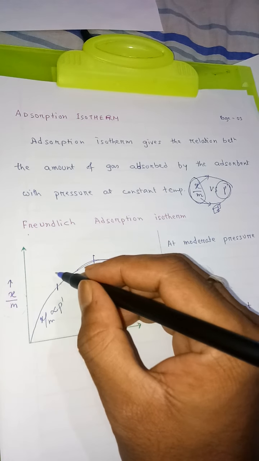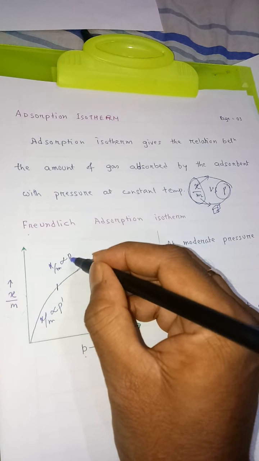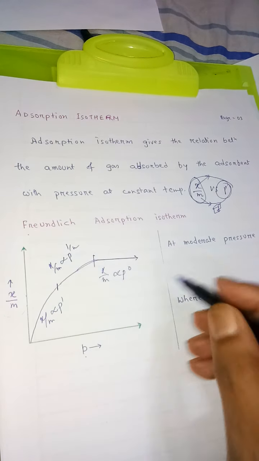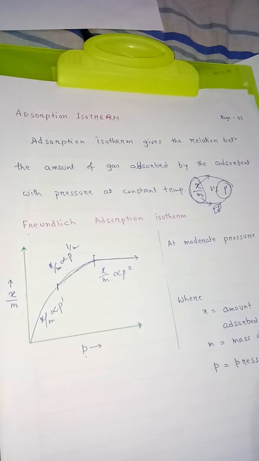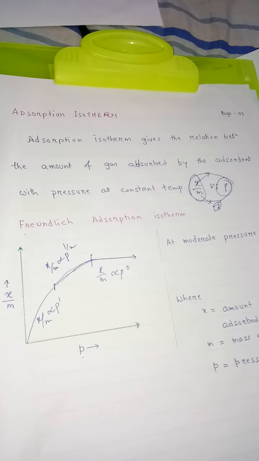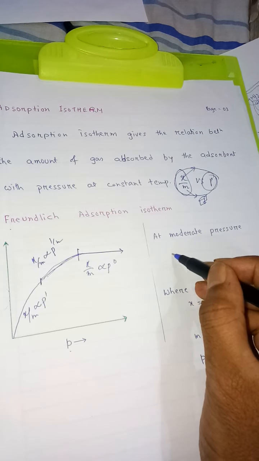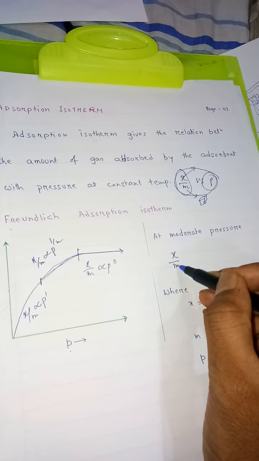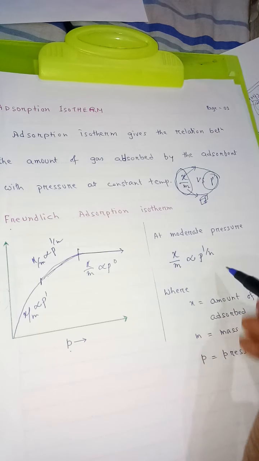Here we have to concentrate. At moderate pressure, x by m varies as p to the power 1 by n. So we have written at moderate pressure x by m varies as p to the power 1 by n.